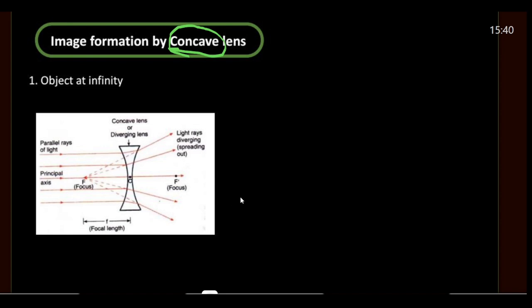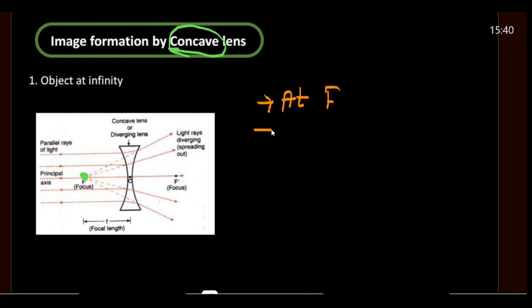So here, since it is a diverging lens, all the parallel rays get diverged like this. But if you extend them in the backward direction, all these rays appear to be diverging from this particular point, right? So here we will get the image, but it is a virtual image. The position of the image is at focus.